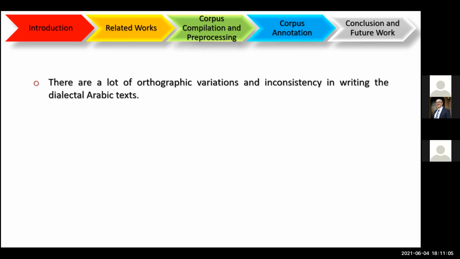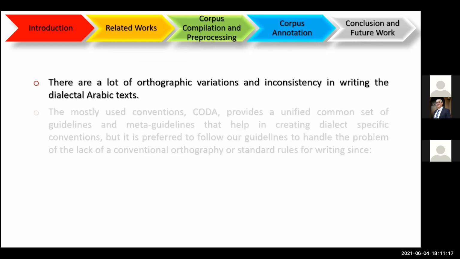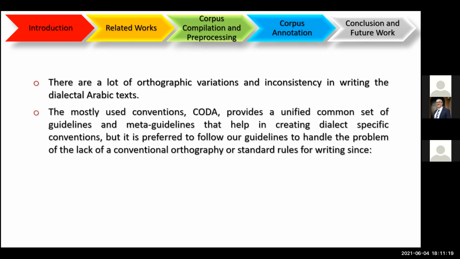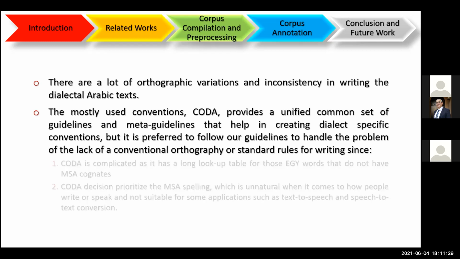In our corpus comparison, there are a lot of orthographic variations, as is known in EG and all Arabic dialects, and there is inconsistency in writing dialectal Arabic text. As mentioned above, the mostly used convention is CODA. Nevertheless, we prefer to follow our own guidelines to handle this problem of lacking a conventional orthography.